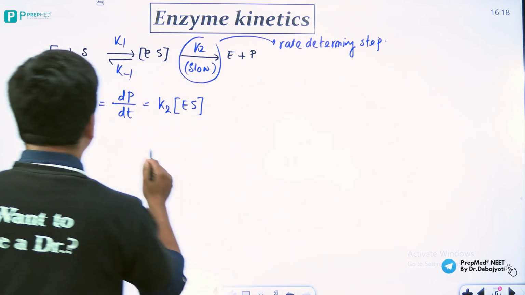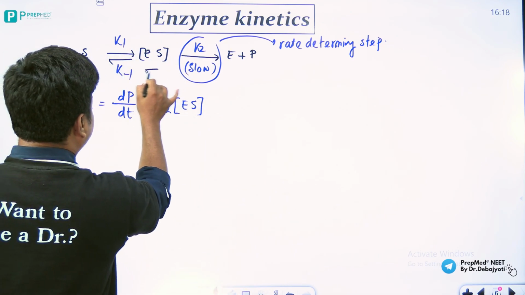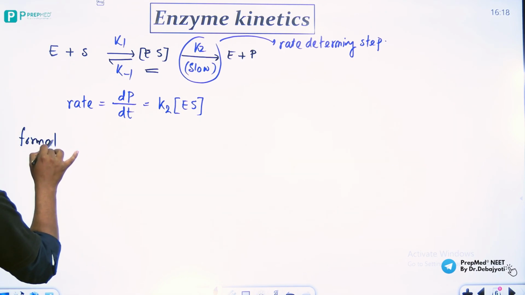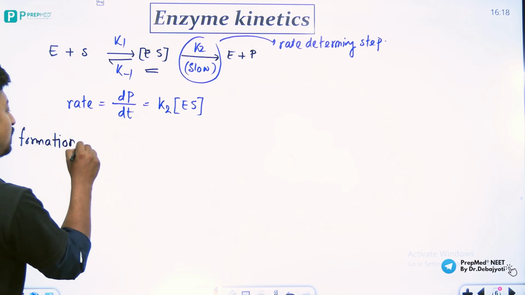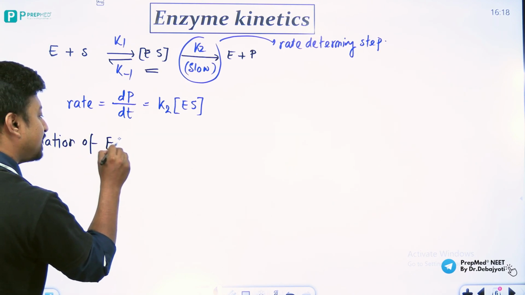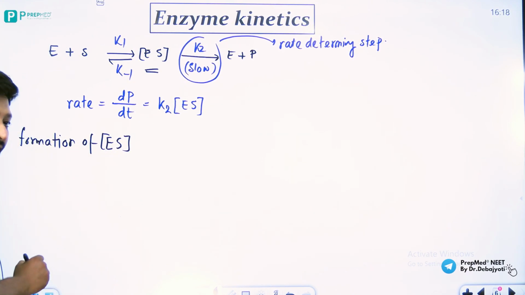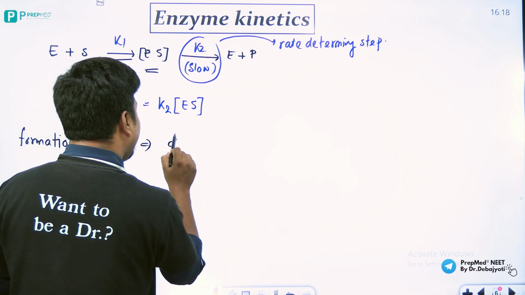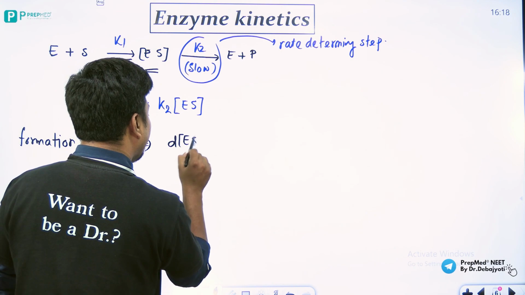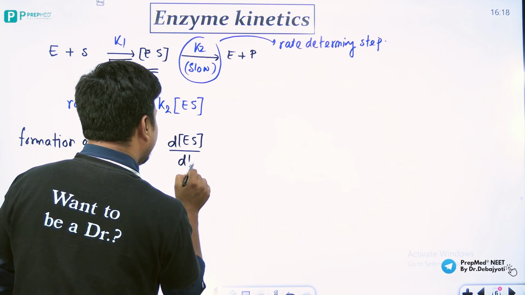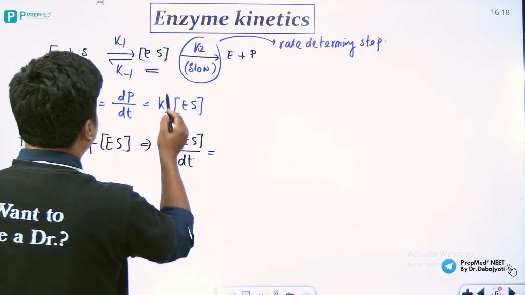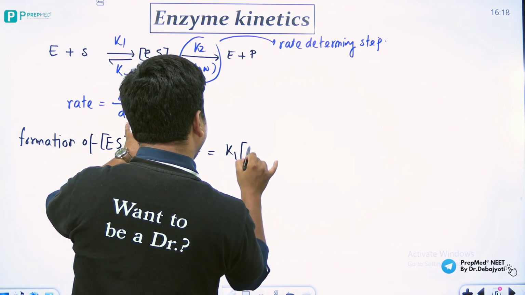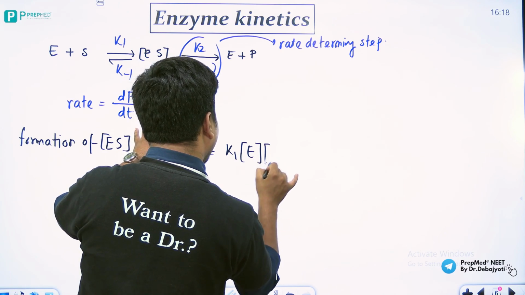Now let us consider the formation of the enzyme substrate complex. d[ES] by dt will be equal to K1 multiplied by enzyme and substrate.